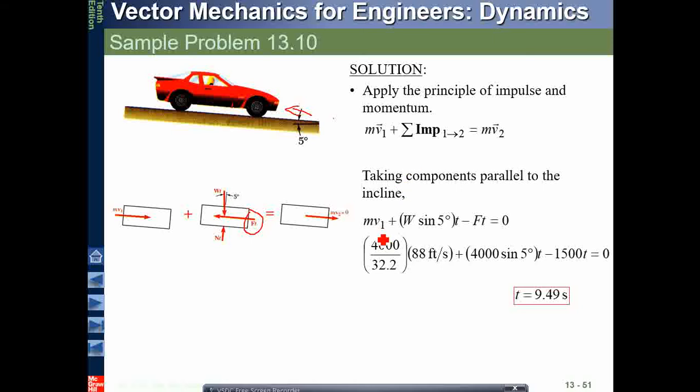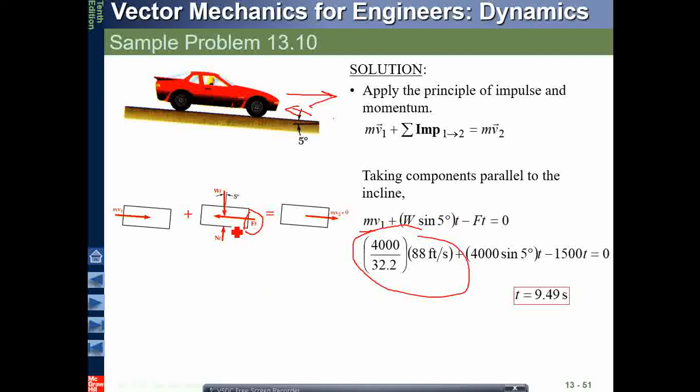So this was the initial condition. We will be dealing only with the components along this inclination of 5 degrees. So this was mv1, which is 4000 times, converted into proper units, plus W sine 5 degrees.